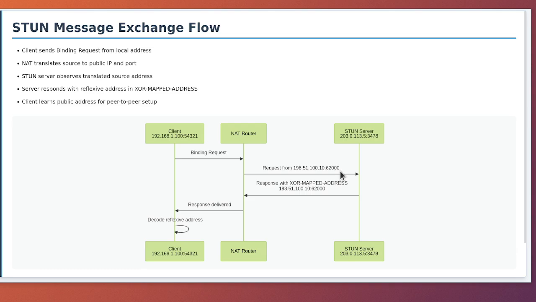The STUN server, which has a public IP address like 203.0.113.5, receives the packet. From the server's perspective, the packet originated from 198.51.100.10, port 62000, even though the client thinks it sent from 192.168.1.100, port 54321.